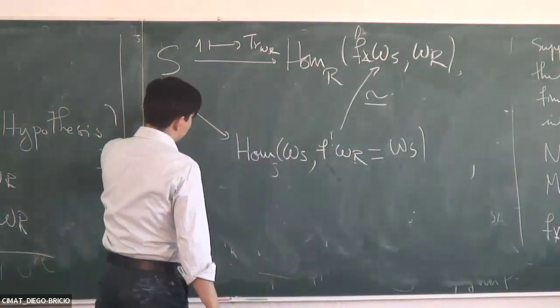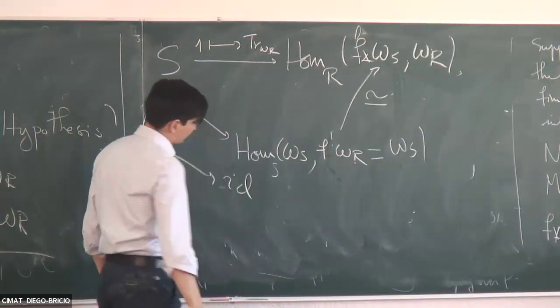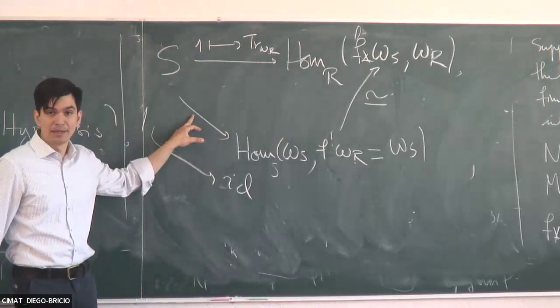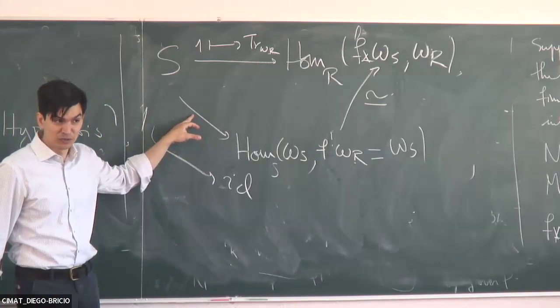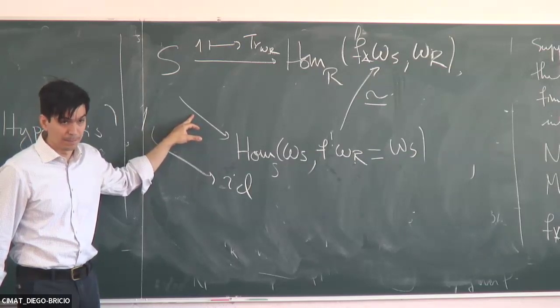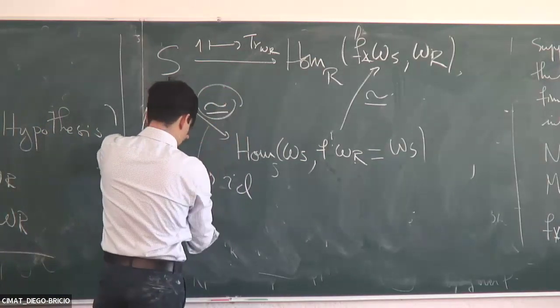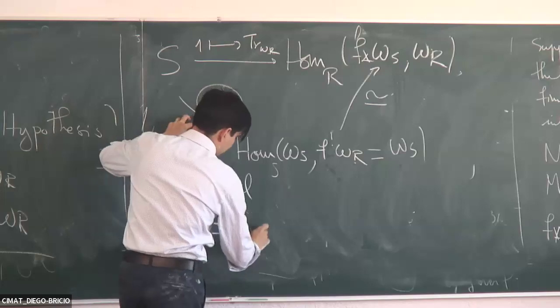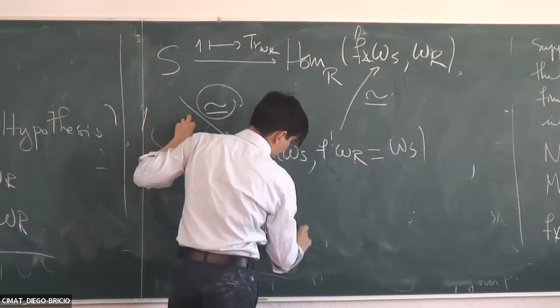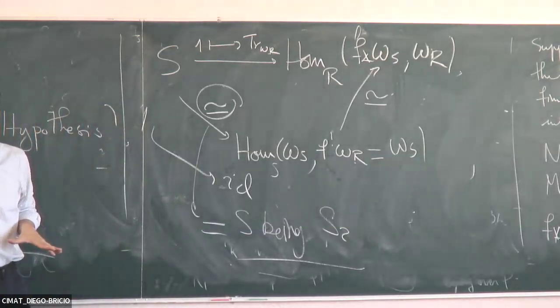But then you have this map from here to here, right? Which sends 1 to the identity. And this map is an isomorphism exactly when S is S2. The fact that this is an isomorphism is the same thing as S being S2, which is our case because we're working with a normal ring.